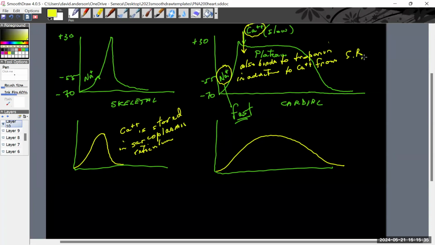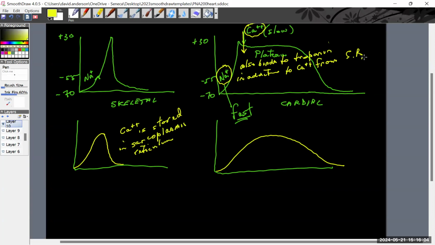That phenomenon, that calcium that comes in through channels to the heart actually stimulates the release of calcium from the sarcoplasmic reticulum, is called calcium-induced calcium release. So it's a little bit of a double step, with calcium that comes from two places.